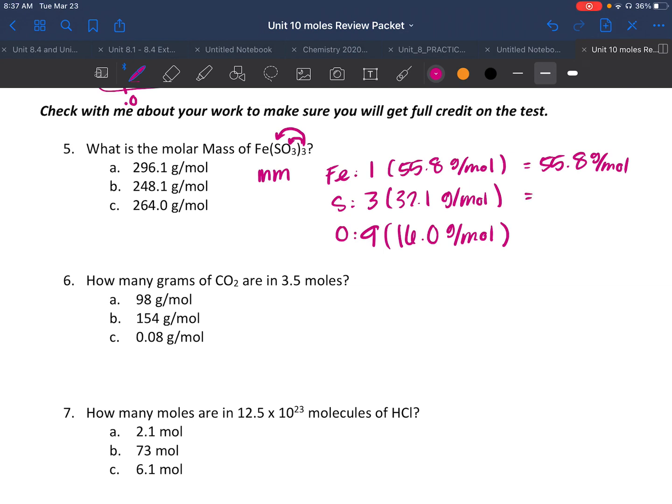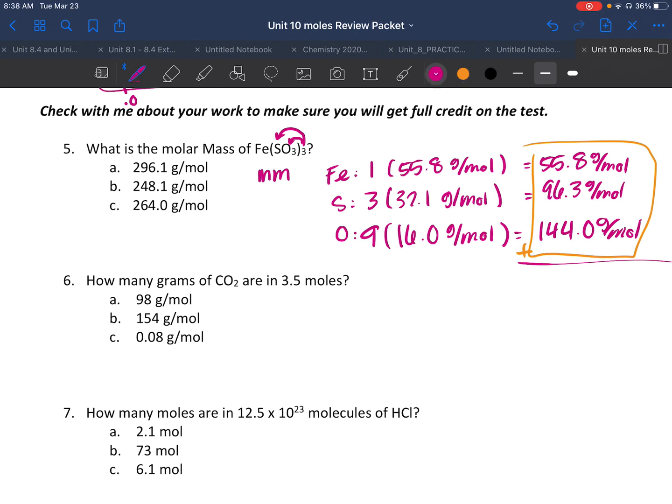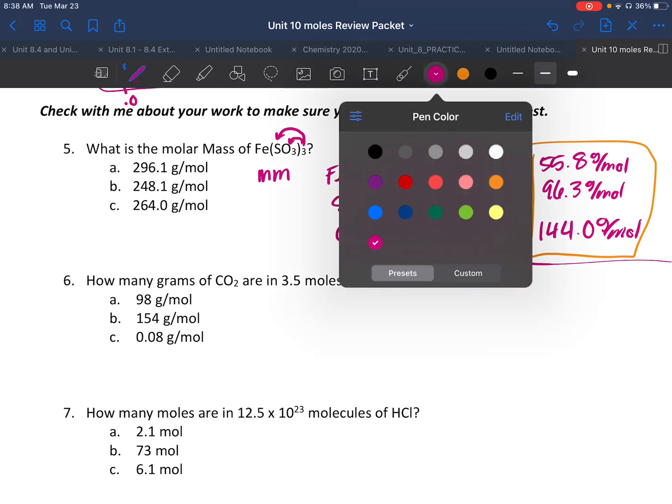This one now becomes 96.3 grams per mole, and then the oxygens become 144.0 grams per mole. If you add up everything here, that will give you answer A.